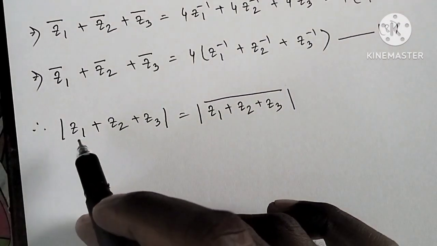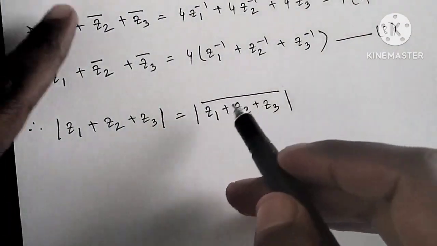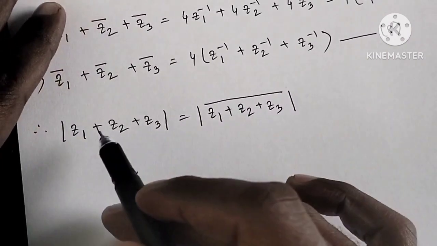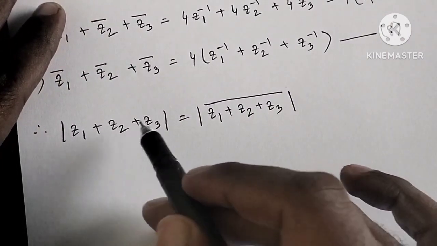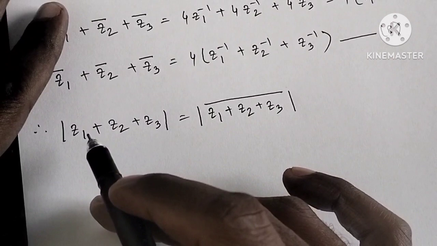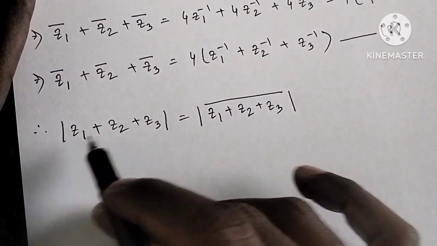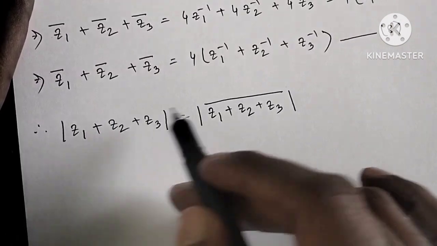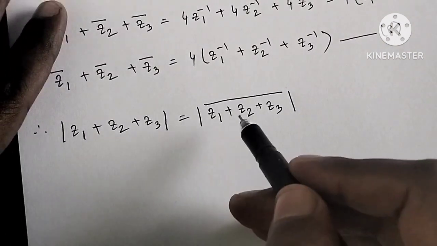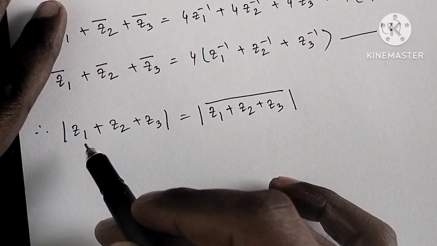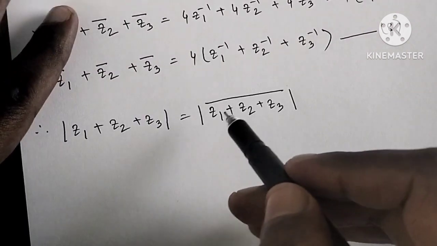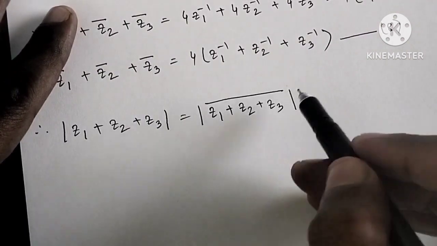So suppose z1 plus z2 plus z3 is zm. Then mod of zm is the same as mod of zm conjugate. So mod of z1 plus z2 plus z3 is the same as mod of z1 plus z2 plus z3 whole conjugate.